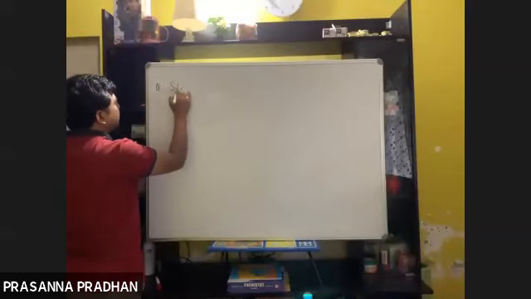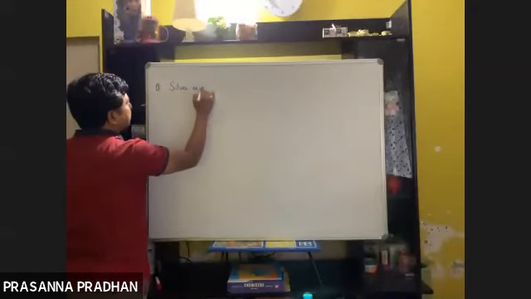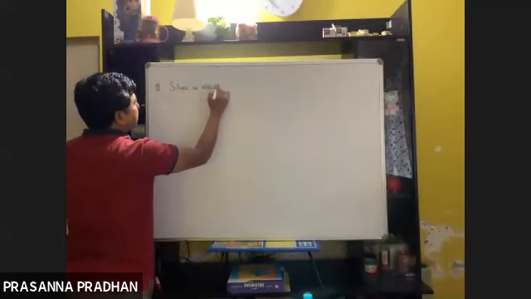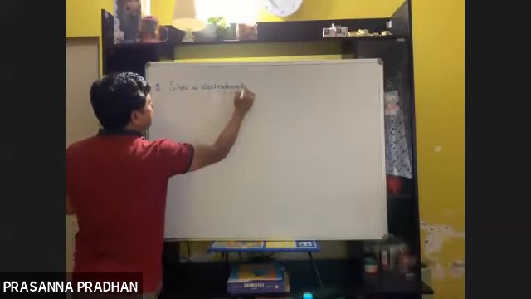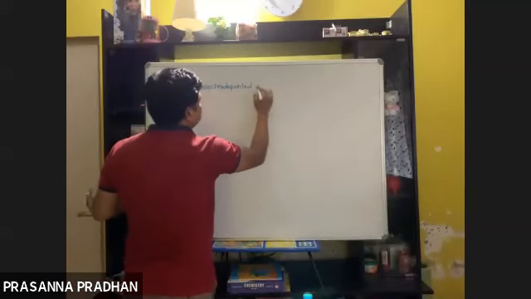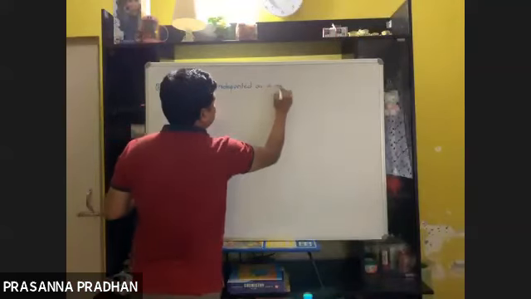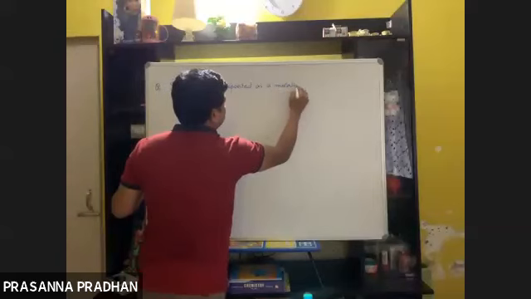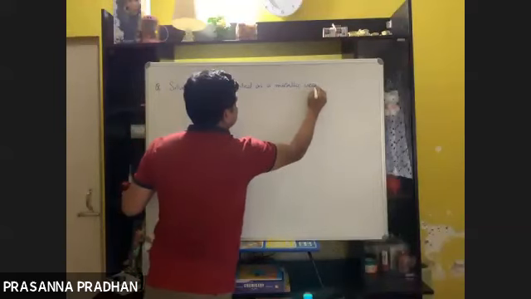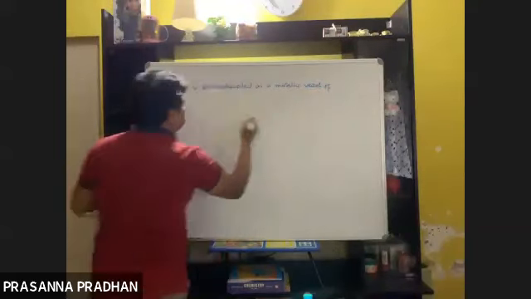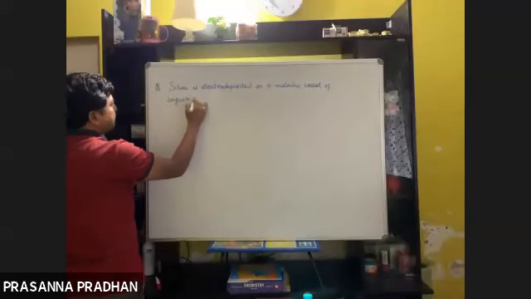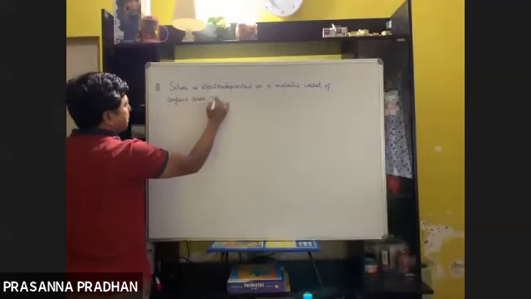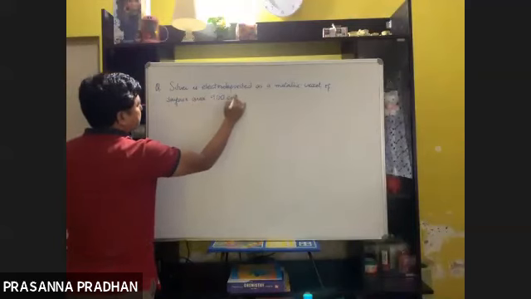So silver is electrodeposited on a metallic vessel of surface area 900 centimeters square.